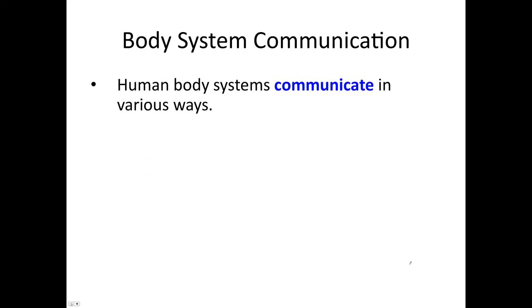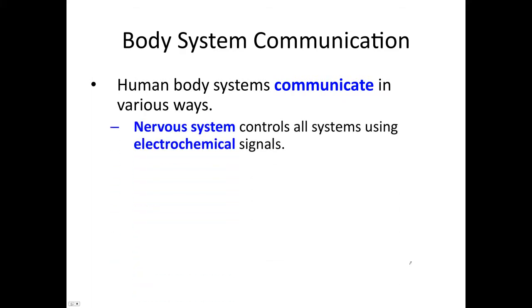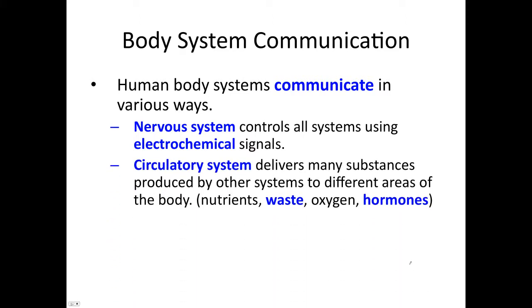So the human body is going to communicate in various ways. We've already talked about the nervous system and how they're going to use electrochemical signals. But the circulatory system is also important because the circulatory system, as we know, consists of the blood vessels and heart. So these are going to be delivering substances to different areas of the body.